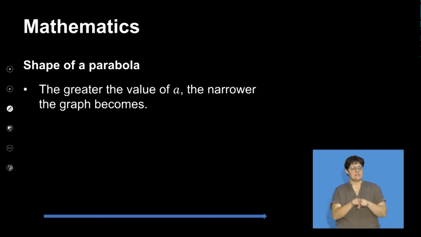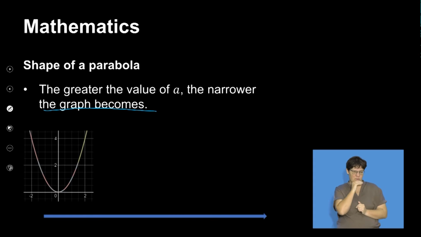Remember, I said it also talks about how close it is to the y-axis. So the greater the value of a, the narrower the graph becomes. In simple terms, the closer it gets to the y-axis.